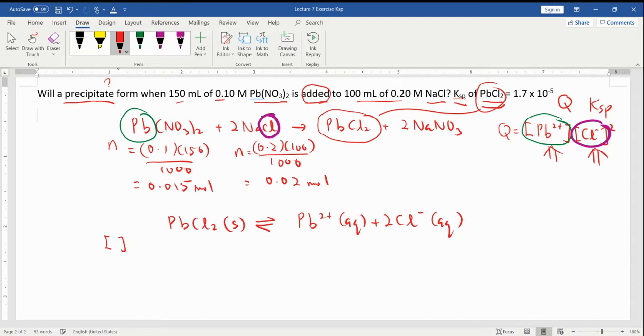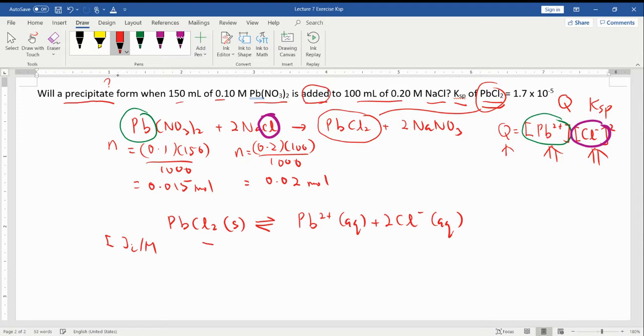Then we go straight to concentration. We don't have to write equilibrium, we just write initial concentration, because we are comparing Q. So this one is constant.